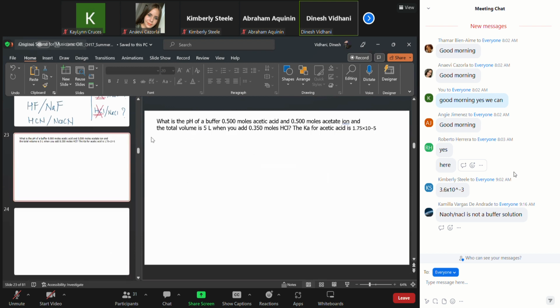We want to find the pH of a buffer which is 0.5 moles acetic acid and 0.5 moles acetate, with a total volume of 5 liters. Keep in mind, we will calculate it before adding HCl and after adding HCl, and we will see the change.